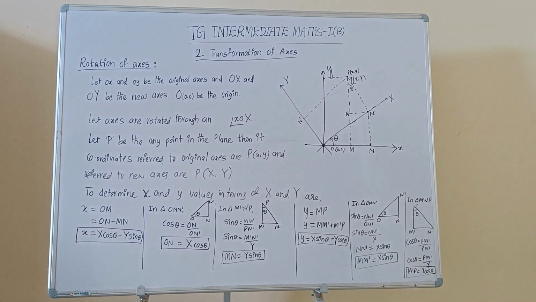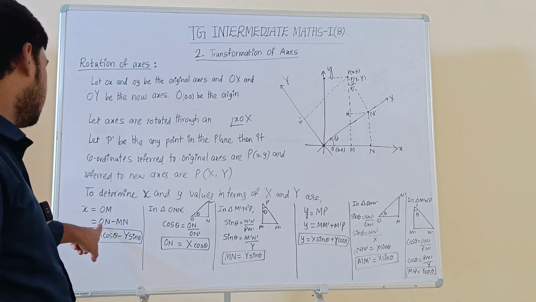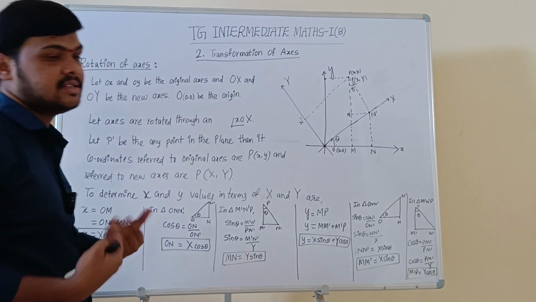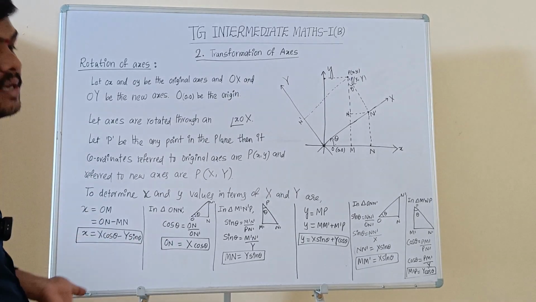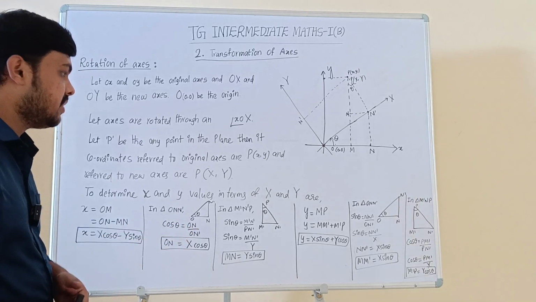Why am I applying cos theta? Because I want ON, which is the adjacent side, and for the adjacent side I take cos theta, that is adjacent by hypotenuse.